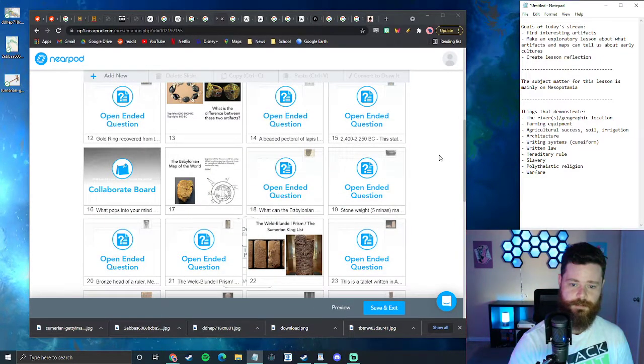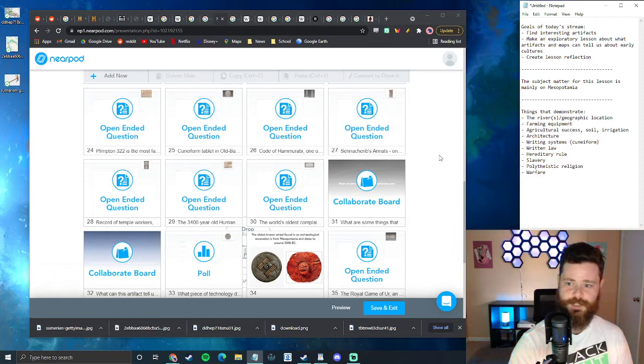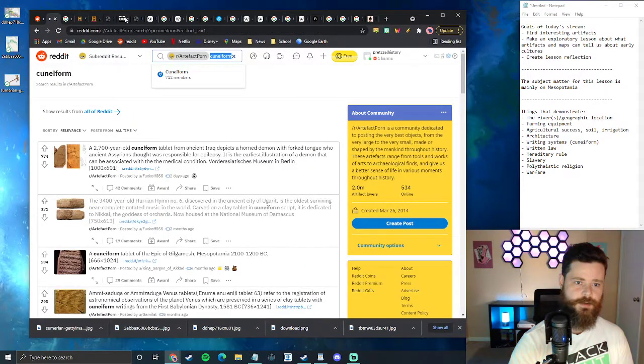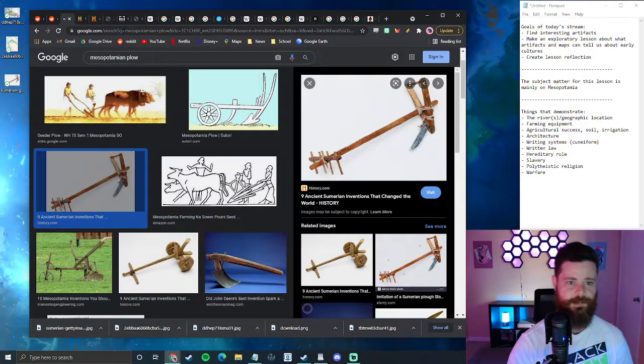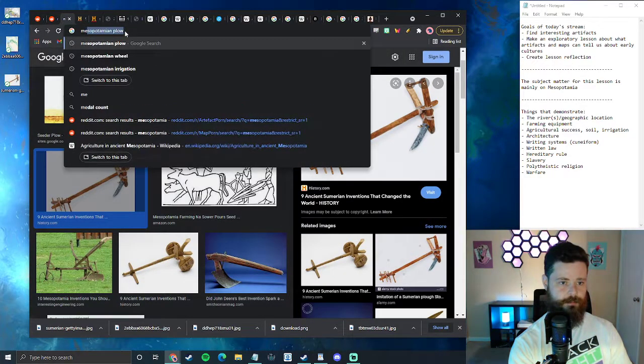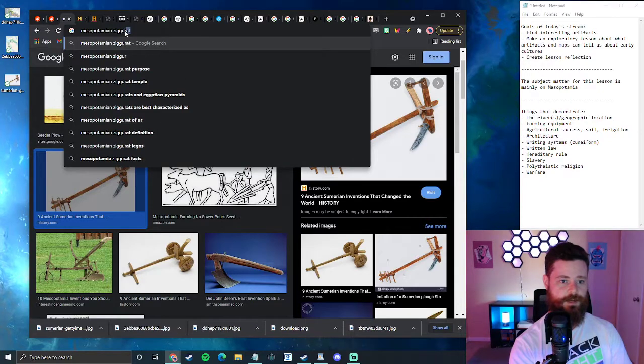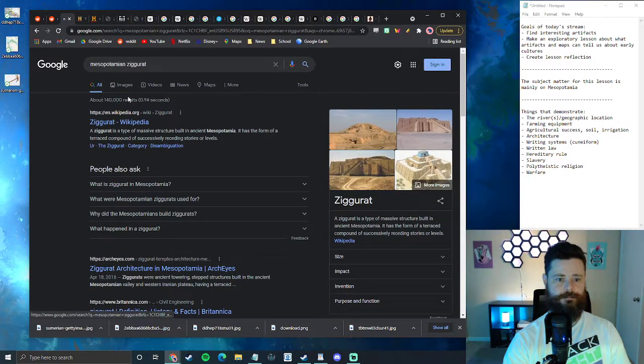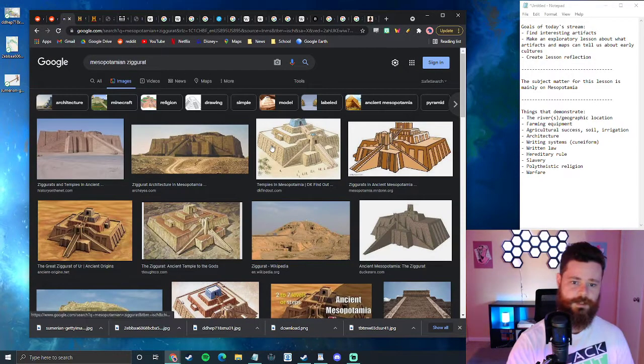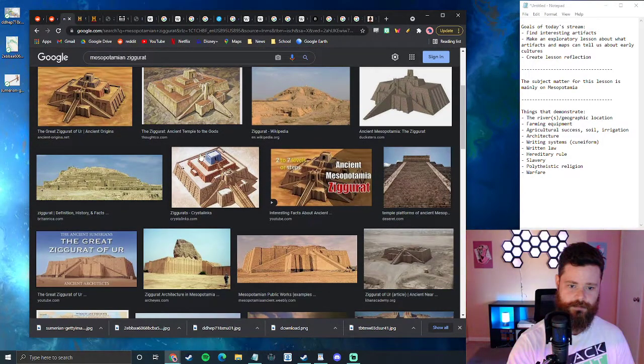Architecture. We looked at the foundation nail a little bit. Hang on, let me see if we can find a good Mesopotamian ziggurat. See if there are any good ones still standing. I don't know if there are. There might be.